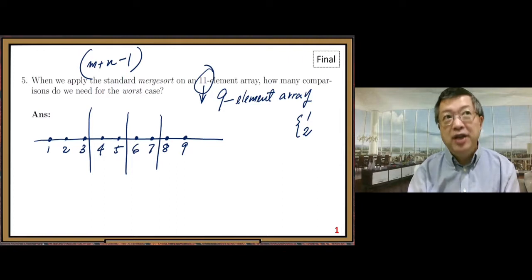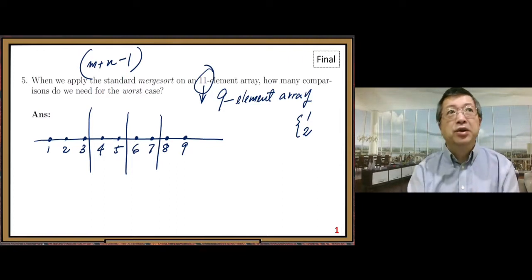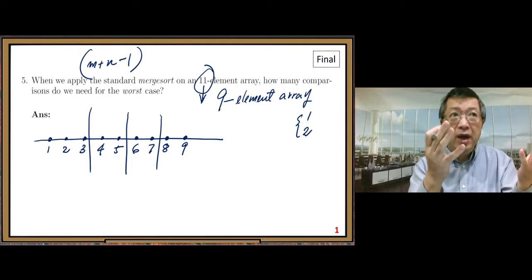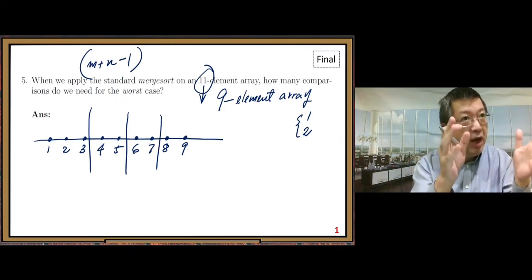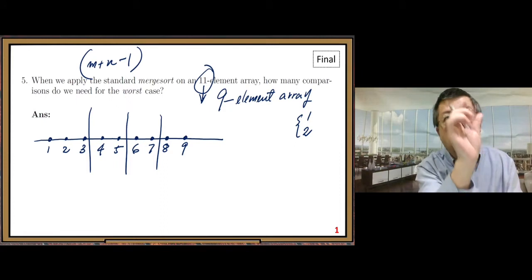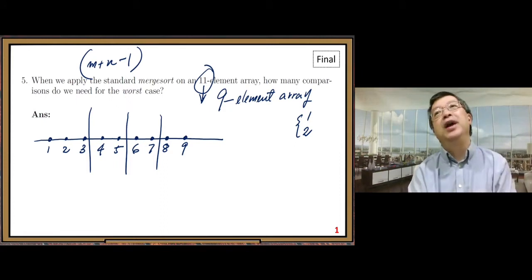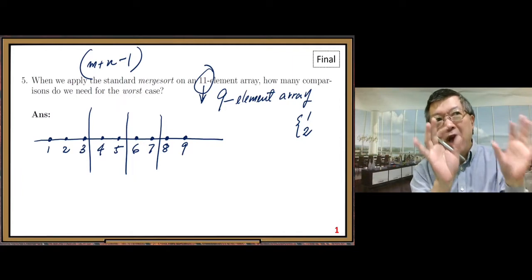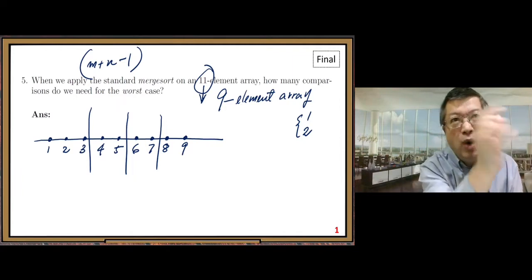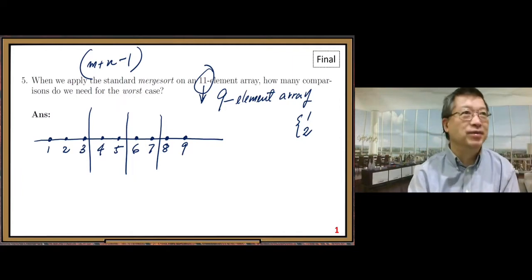Although you can split another time, the good thing is, if we do not split, we just do 1 comparison and get it sorted. So in that way, we just stop and do 1 comparison to get it sorted.